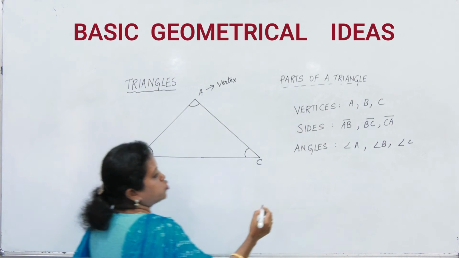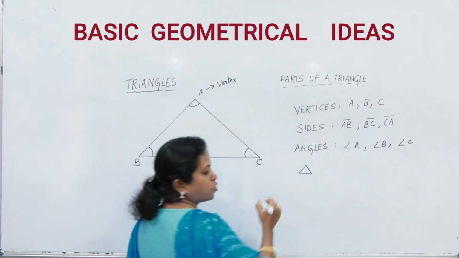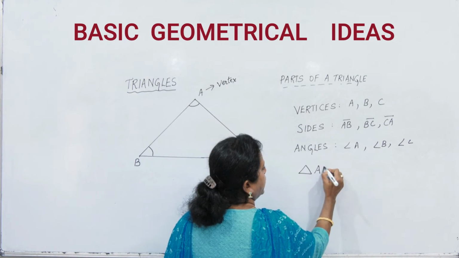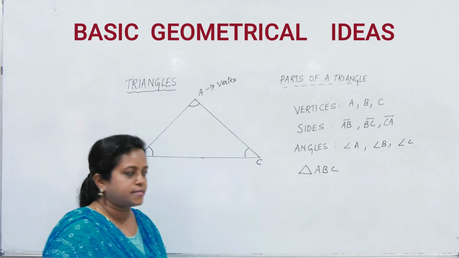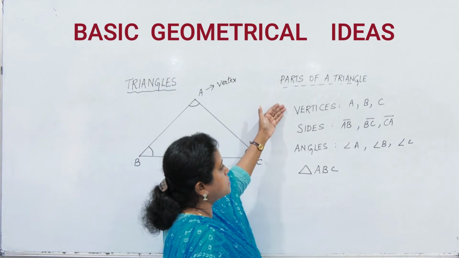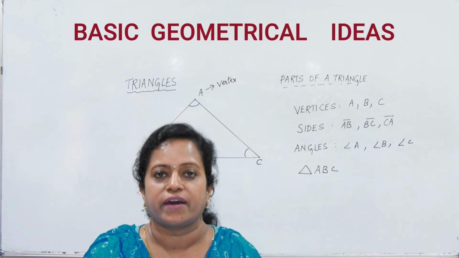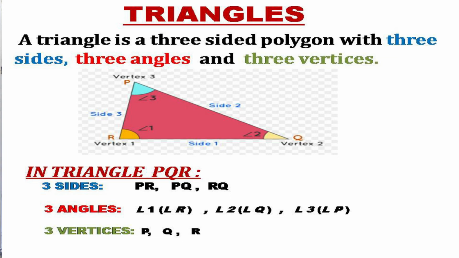Usually while writing the triangle, we use a symbol. We draw a small triangle and name it using the three vertices ABC. So this is the triangle ABC with the three vertices, three sides and three angles. Let us define what a triangle is. A triangle is a three-sided polygon with three sides, three angles and three vertices.